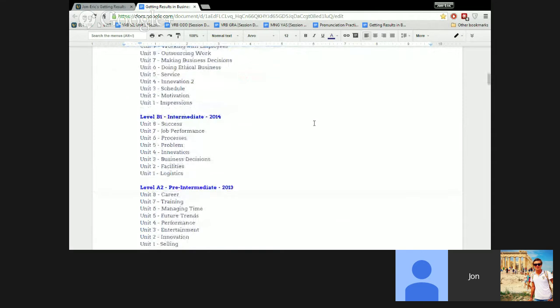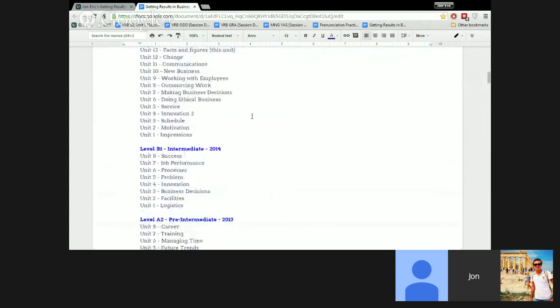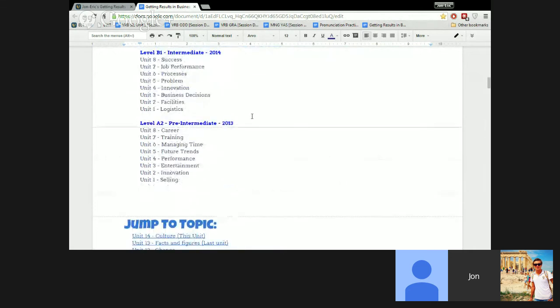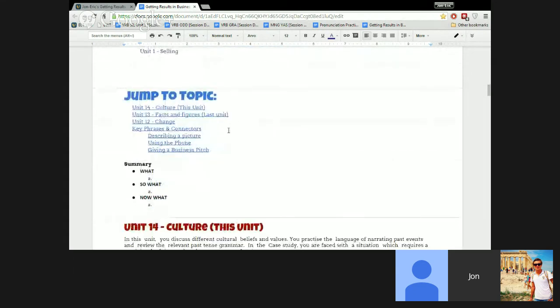And as you can see, this course has been running since the end of 2013, and we've gone from A2 to B1 and now B2. And then we'll probably split it into one advanced group, and then we'll go back and repeat the beginning for new people. Something like that. Okay, and if you're ever lost, just go to the Jump to Topic and click on the unit, and it'll take you where you're supposed to be.